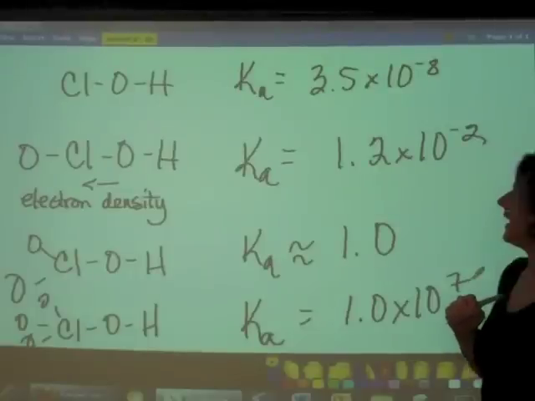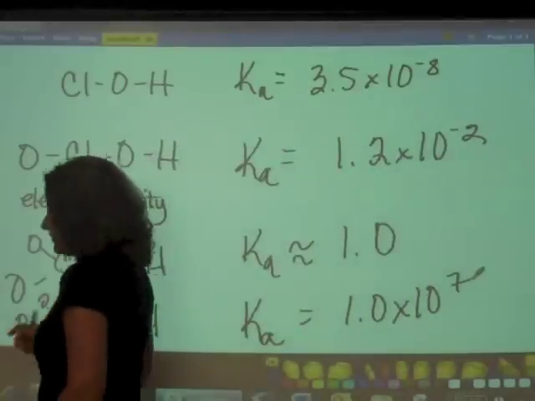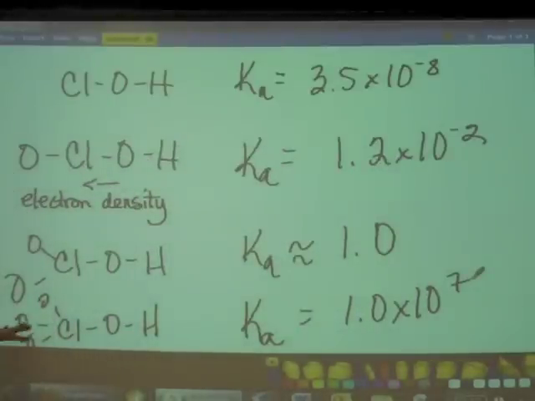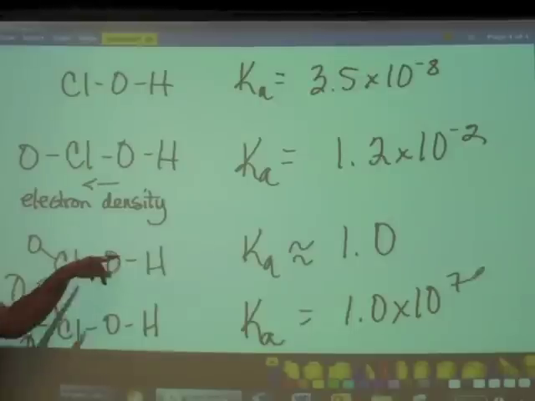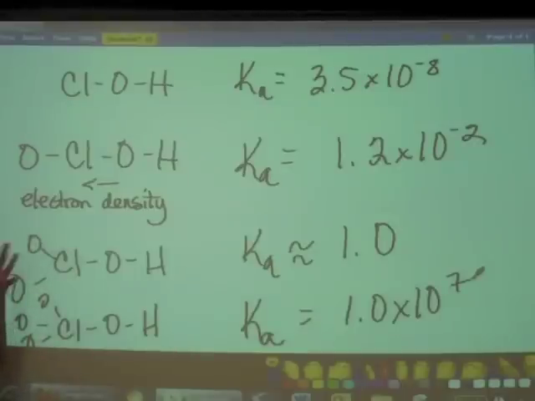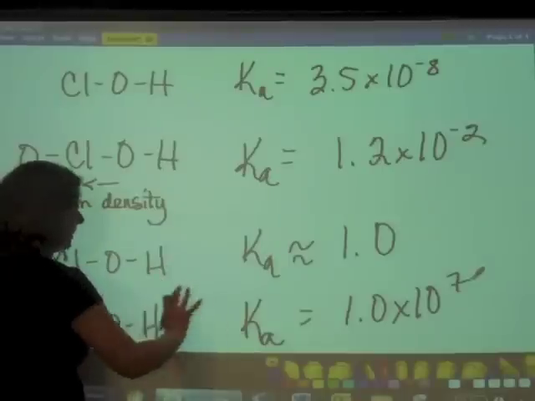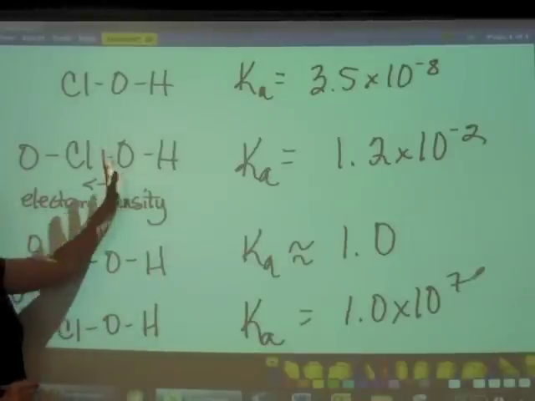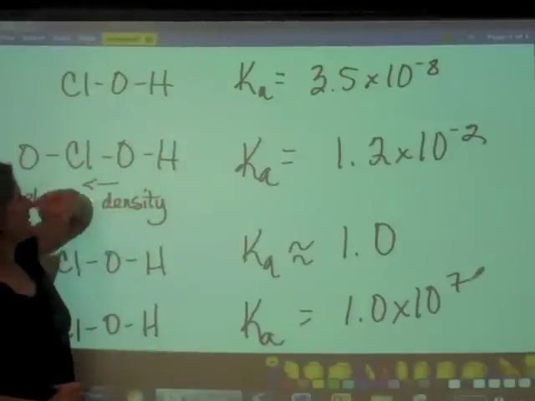So as we have more oxygens this way, it makes the polarity of this bond less and less and less, so that this hydrogen is able to dissociate ever more easily.